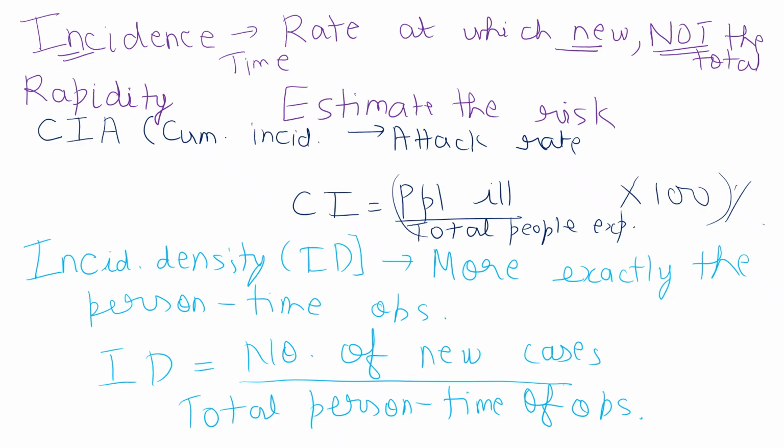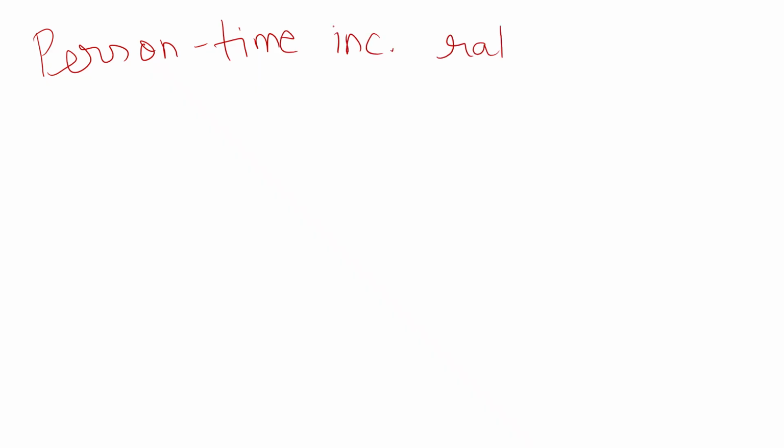Now let me talk something more about incidence density. So to make it crystal clear, I'll give you a proper explanation for this. Incidence density, also called a person time incidence rate, is calculated by dividing the number of new cases of a disease by the total person time. This I have told you.